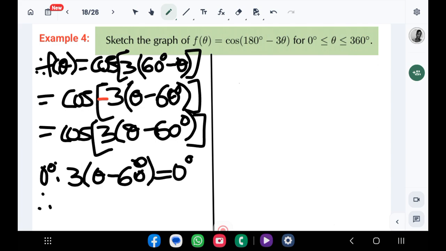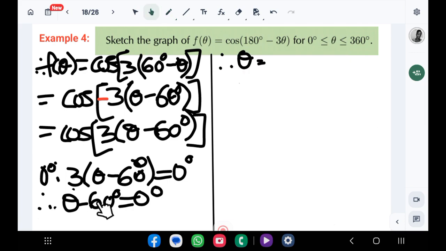Divide both sides by 3: theta minus 60 on the left-hand side, and 0 degrees divided by 3 is 0 degrees. Therefore theta equals, taking the minus 60 to the right-hand side, 60 degrees. This is where we start.